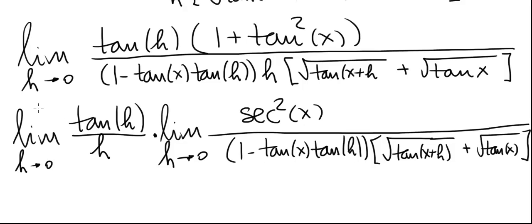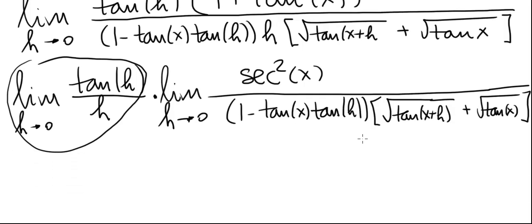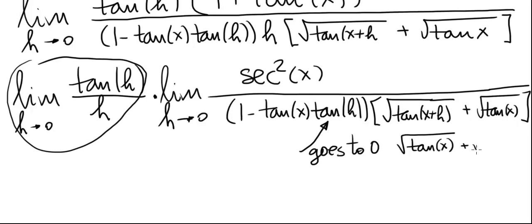So now this, what I'm circling, this limit is result number 2. This limit is 1. And now let h go to 0 in the second limit. So as h goes to 0, this tangent of h right here goes to 0. So tan x times 0 goes to 0. We just have 1. And here we have the square root of tangent x plus h. That becomes the square root of tan x. And then, of course, plus another square root of tan x.